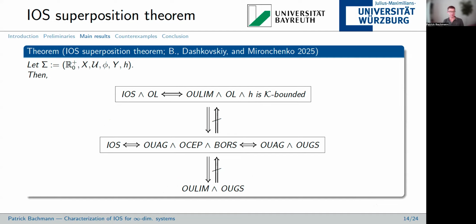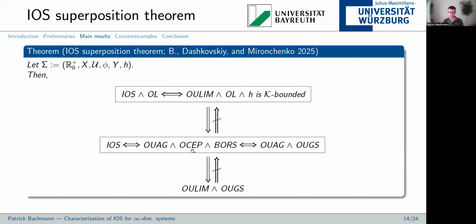We have all the definitions behind us, and we come to the main result of our research. Let me maybe start in the middle because of this figure, where we characterize iISS. So iISS is indeed equivalent to a common strong attractivity OUAG.